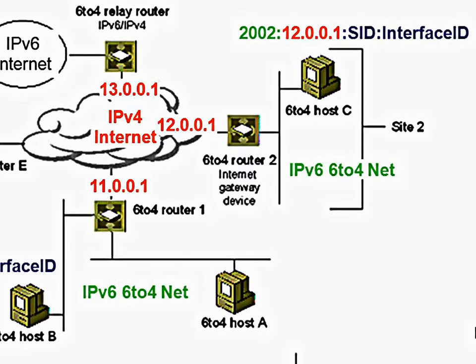Once those are encapsulated in an IP version 4 packet with 11.0.0.1 as a source and 12.0.0.1 as a destination, then that can be routed through the global IP version 4 internet. And in turn, router 12.0.0.1 can strip off the IP version 4 header and forward the raw IP version 6 6-to-4 packets from the host on site 1 to the host on site 2. Of course, the reverse would hold true back for the reply.